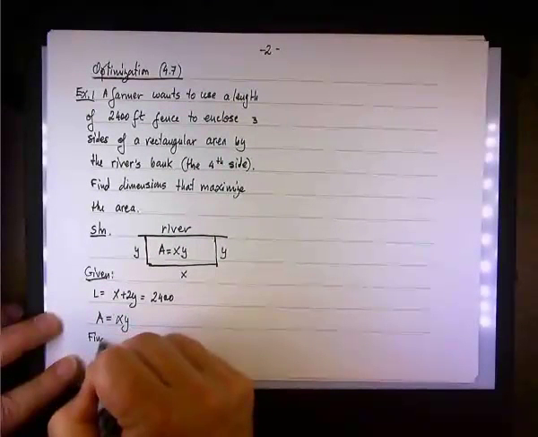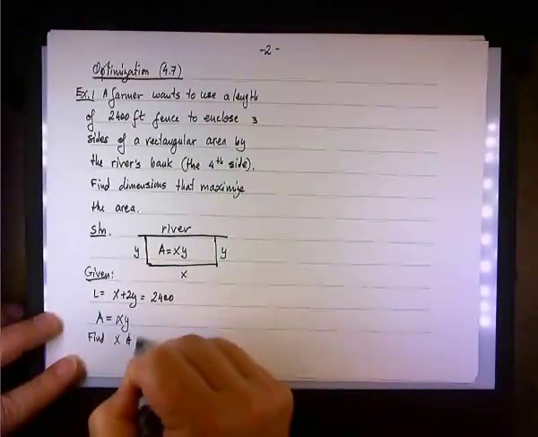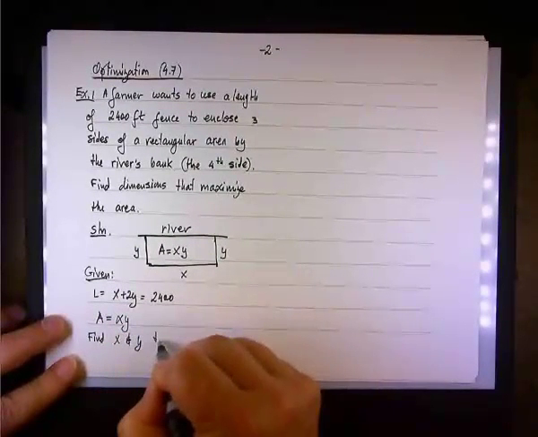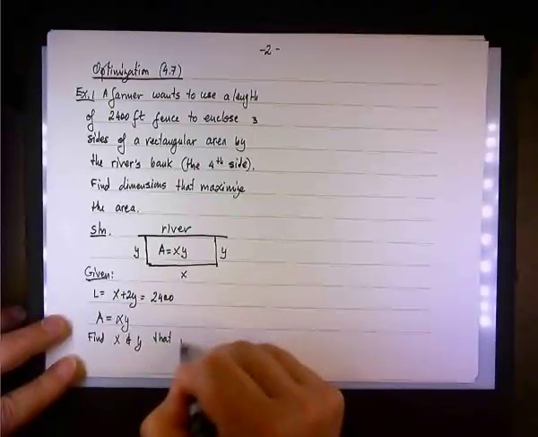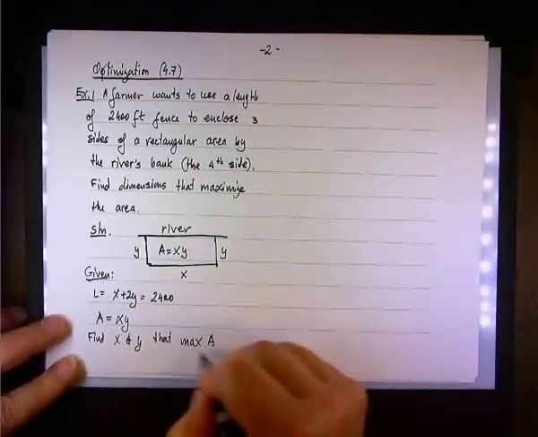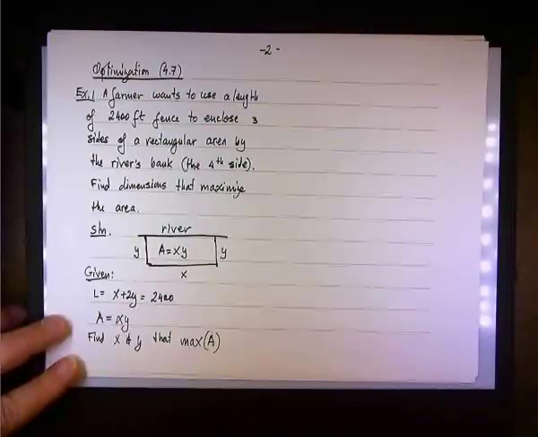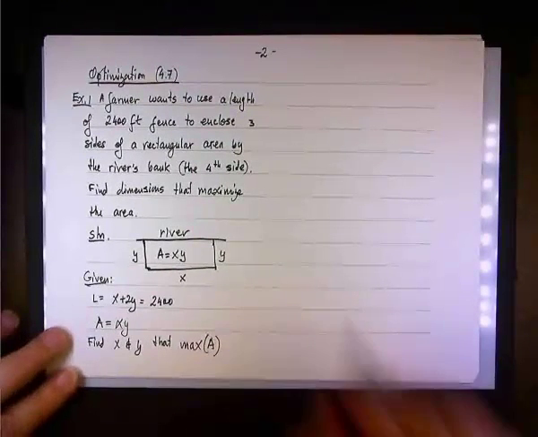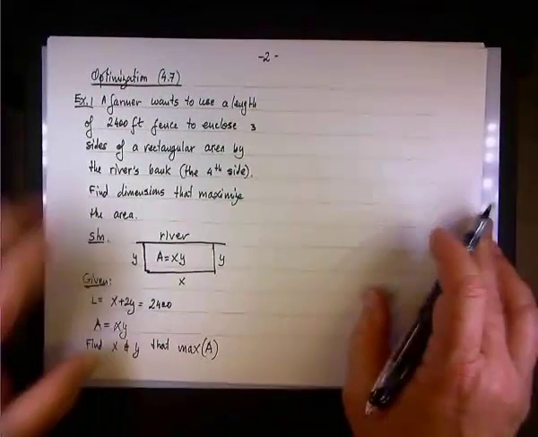What we need to do is find x and y that maximize A, like so. That's a kind of short way to write it.